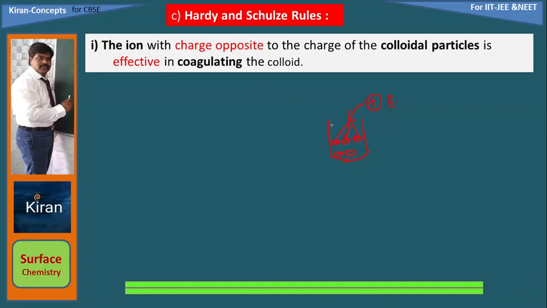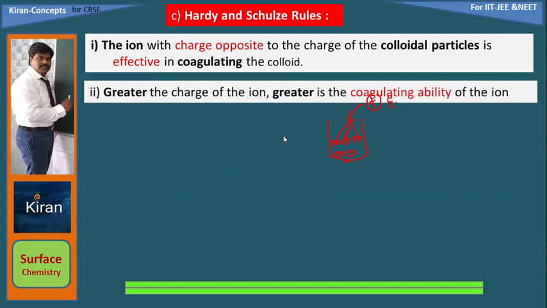So this process is coagulation by the use of opposite charges. Second point: the greater the charge of the ion, the greater the coagulation ability of the ion. For example, aluminium charge is high, Al3+, while sodium charge is less, Na+. Instead of sodium, when you add aluminium, the coagulation will be greater.